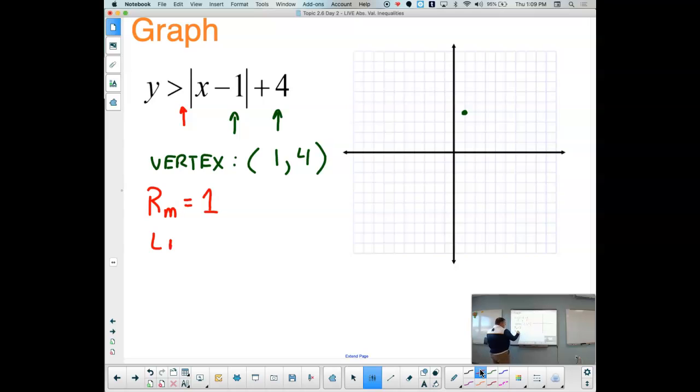My left side slope then would be a negative 1. So we're good there. Next thing we look at is we look at our inequality. Because that is just a greater than, we are going to have a dashed line.